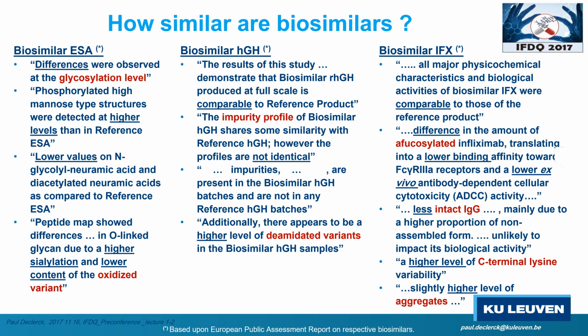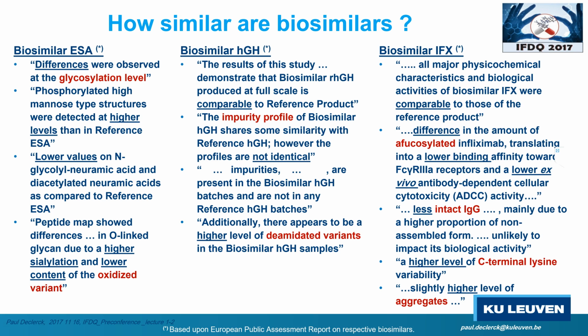Without going into too much molecular detail, the extent of afucosylation has a clear impact, this is very well known, on the binding of the Fc part to particular Fc receptors, and this may also have an impact on the functional properties of your monoclonal antibody in vitro, but ultimately may also have an impact on the overall in vivo efficacy of your molecule.